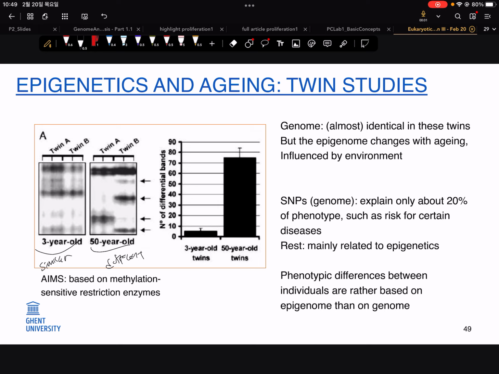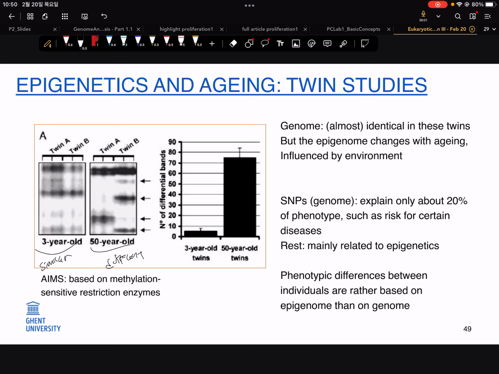So SNPs in the genome and epigenetic marks together explain different phenotypes. Our SNPs, our genetic diversity, our genotype explains about 20% of the differences we have calculated. Only 20% of them can explain differences in phenotype, but the rest is mainly related to epigenetics.